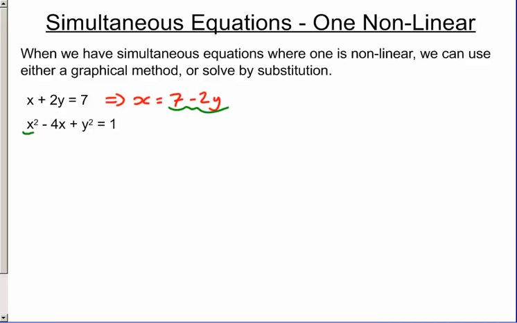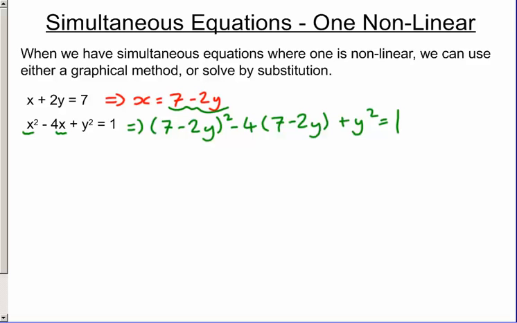So we get (7 minus 2y) squared minus 4 times (7 minus 2y) plus y squared is equal to 1. Now we need to do a bit of multiplying out.